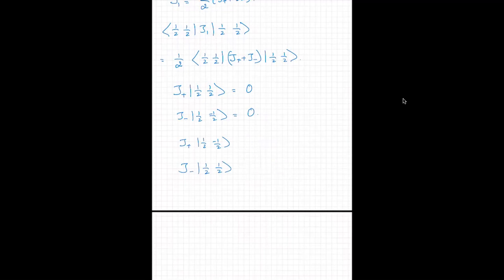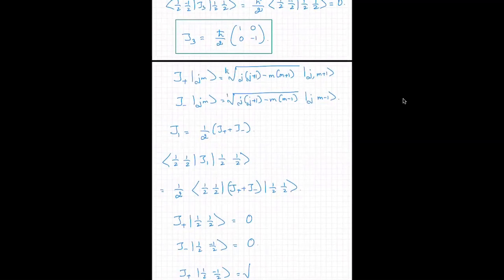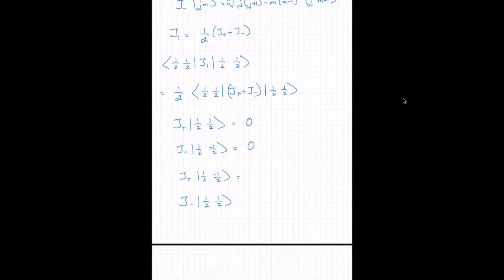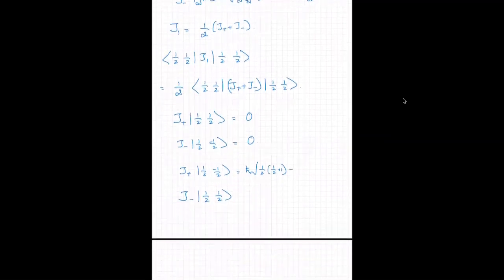So this is equal to square root of J into J plus 1. Sorry, there is also an H bar here, which I forgot. So this is H bar times square root of J into J plus 1, which is 1/2 into 1/2 plus 1, minus M into M plus 1. Minus M here is -1/2 because it is acting on the state -1/2.